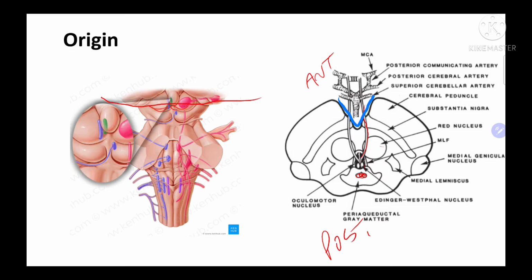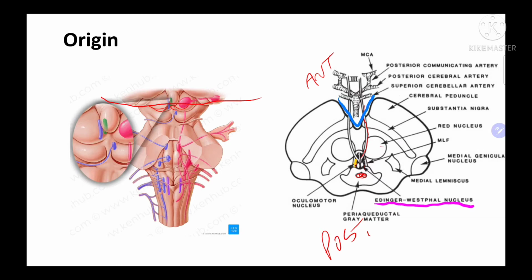Okay, so we have two nuclei. One is the proper oculomotor nucleus here. You can see here, I will put in yellow. And we have the other guy here, the Edinger-Westphal nucleus, or also called Jakubowicz nucleus.